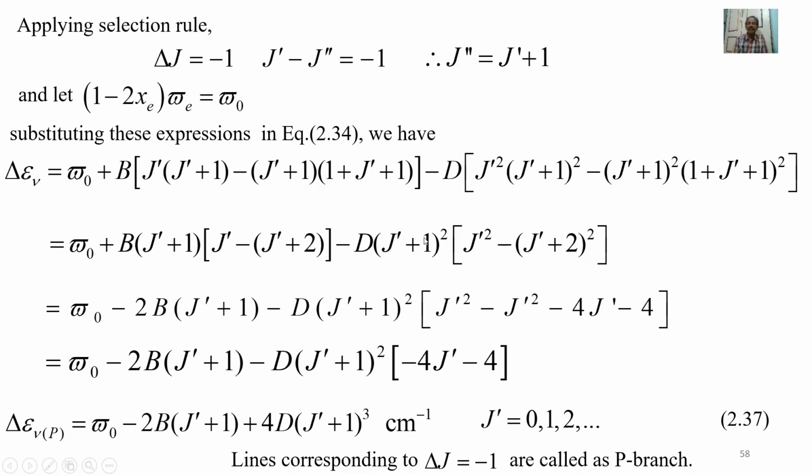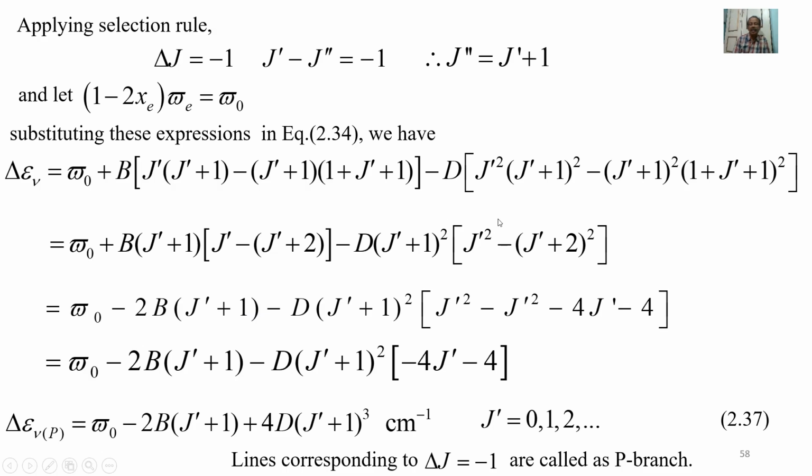So we have J prime squared minus J prime plus 2 whole squared. Now J prime minus 2, here it is minus 2 because minus is there. This J prime and this J prime will get cancelled. We have minus 2, you pull it out, so that will give us minus 2B times J prime plus 1.